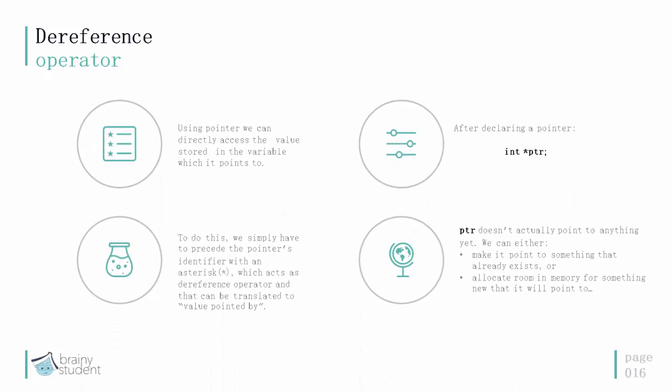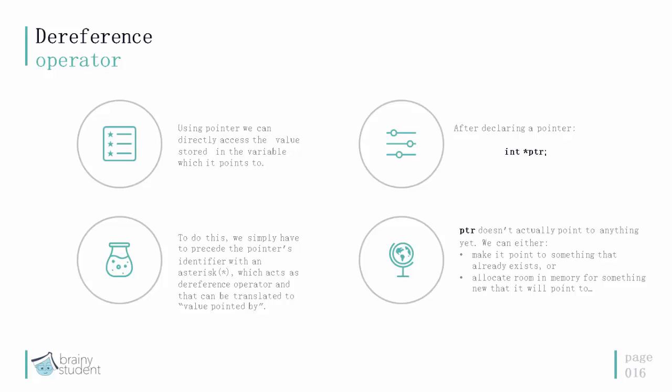Now let's start with the dereference operator. Using a pointer we can directly access the value stored in the variable which it points to. For that we need a dereference operator.